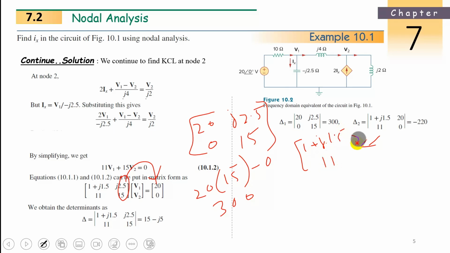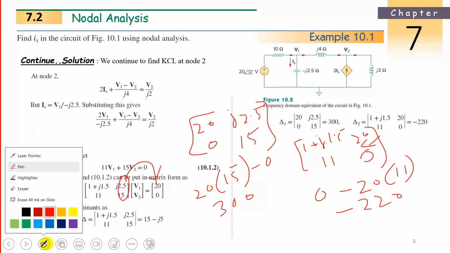Now it becomes 20 and 0. So diagonal multiplied by diagonal: 1 plus j 1.5 multiplied by 0 is 0, minus this is 20 and 11. 20 multiplied by 11 is minus 220. So we are getting this one.